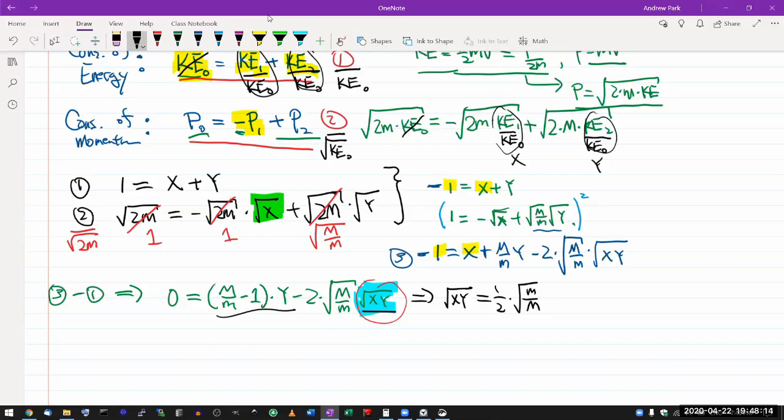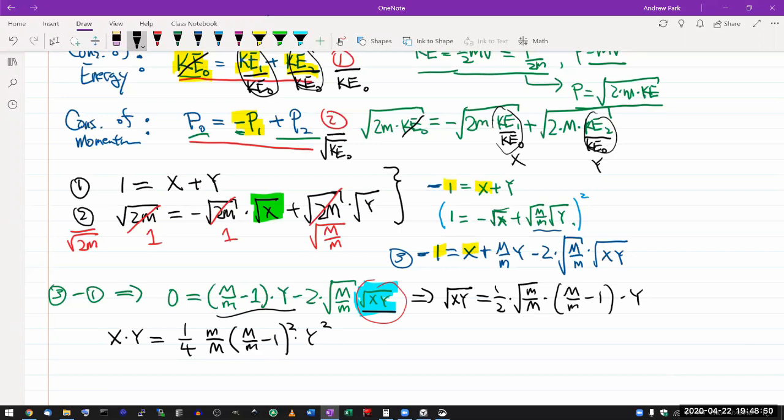And I still have this term here, which is big M over small m minus 1 times y. All right, squaring both sides, I get x times y is equal to 1/2 squared, so 1/4, square of those ratios, so small m over big M, and this thing in parentheses squared times y squared.